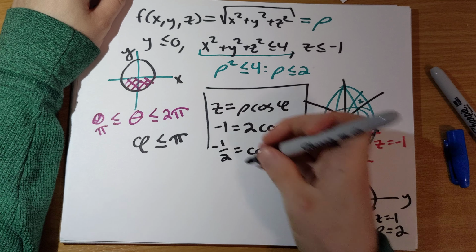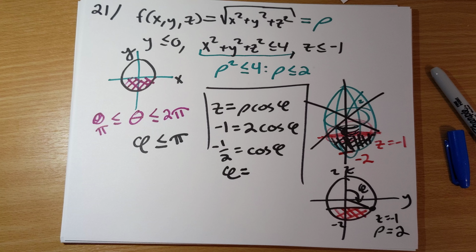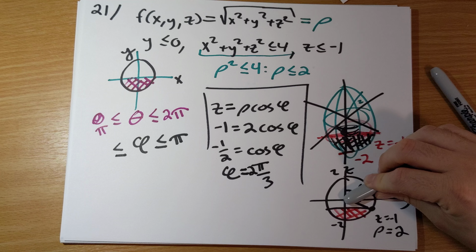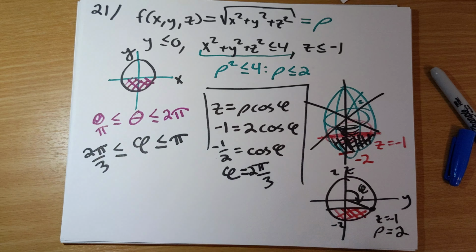Cosine phi is -1/2. This occurs when phi is equal to 2 pi over 3. Sorry, not pi over 3, 2 pi over 3. Pi over 3 would be cosine phi equal to 1/2, but z is negative here. So phi is from 2 pi over 3 to pi.